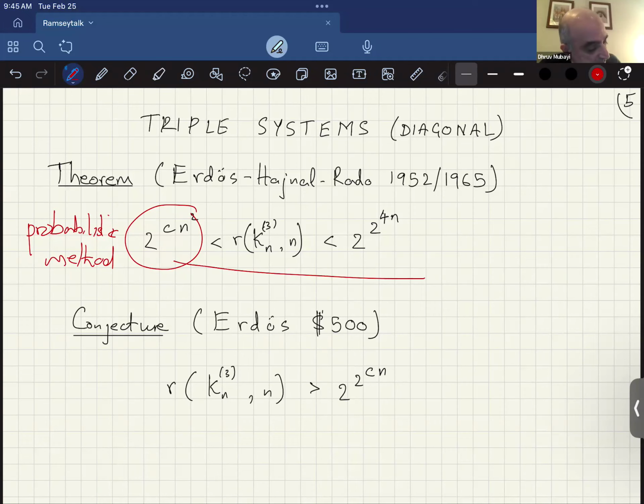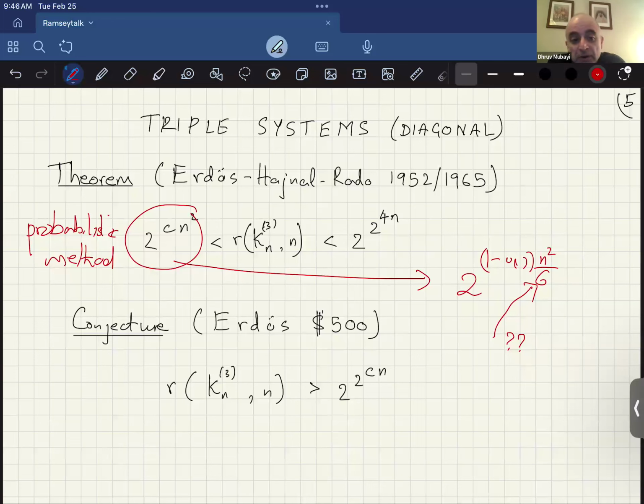In fact, the probabilistic method gives like 2 to the (1 - o(1)) n squared over 6. And nobody knows even how to improve the 6 to 5.9. So that's the major open problem.